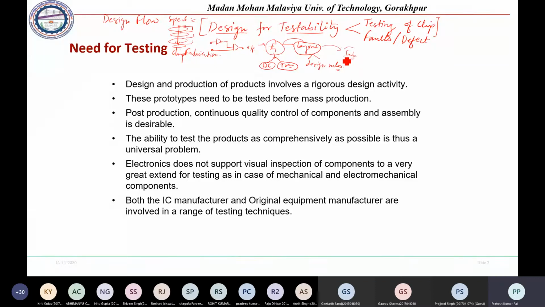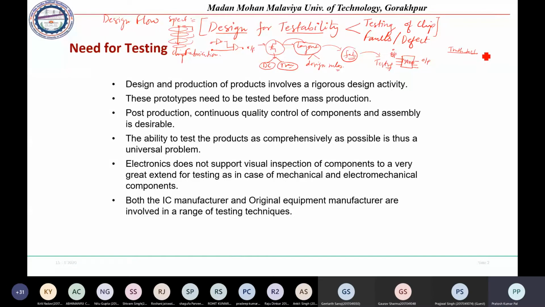So once the chip is fabricated, after fabrication also we go for testing. Once a chip is fabricated, there will be some inputs and there will be some outputs. With respect to inputs, there should be a fixed output. Suppose it is a NAND gate circuit, then we already know the truth table of the NAND gate.